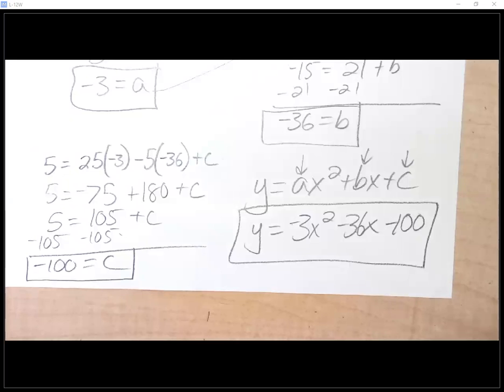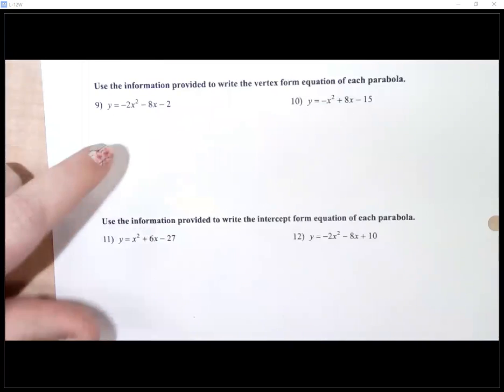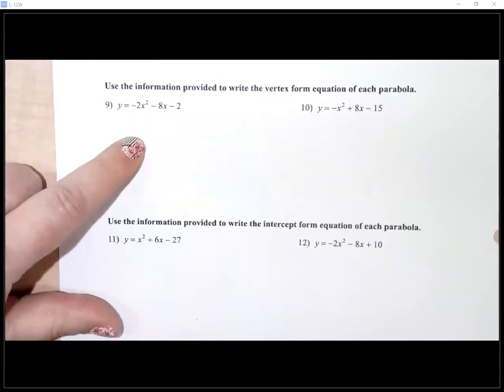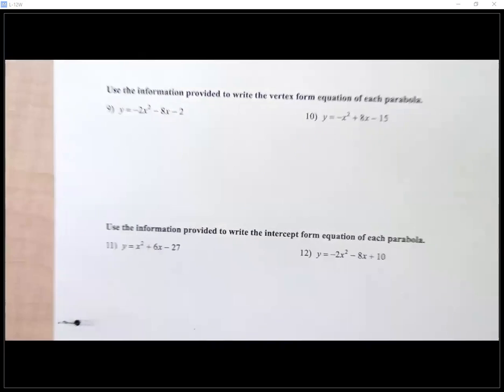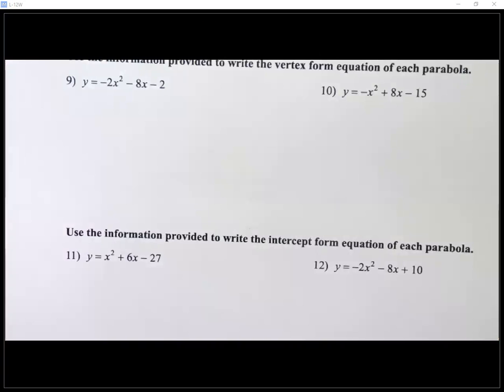Okay, so any questions about last night's homework? All right, so if you look further down the worksheet, we actually didn't get this far to talk about number 9 here: switching between something in standard form and turning it into vertex form.